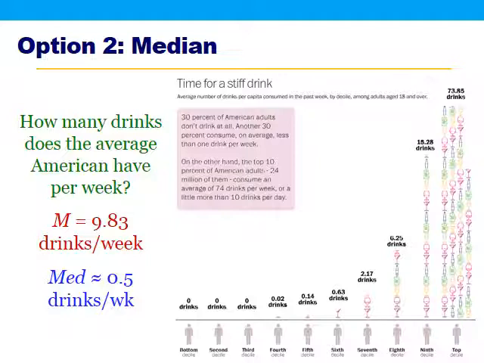The mean here, 9.83, makes us look like a bunch of lushes, whereas the median makes us look like a bunch of prudes, when in actuality, the truth is probably somewhere in the middle, right? So this might even be a situation where the mode might be useful, although the mode here is likely to be 0. So even the mode here doesn't tell the whole story.